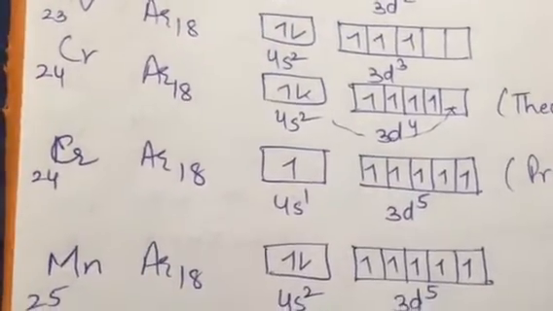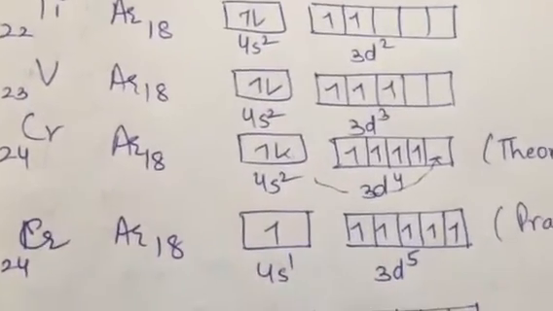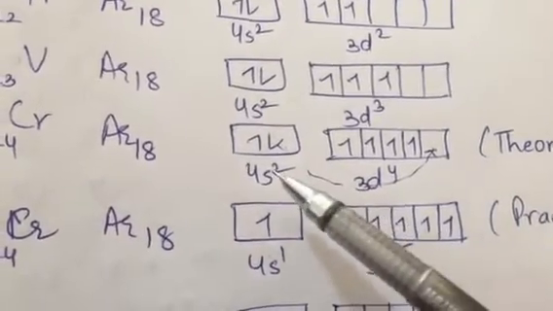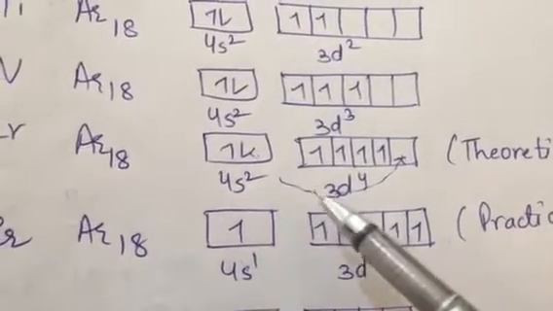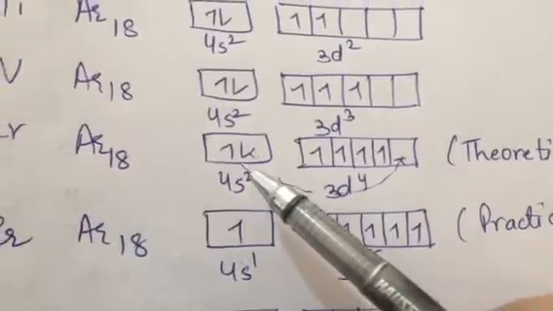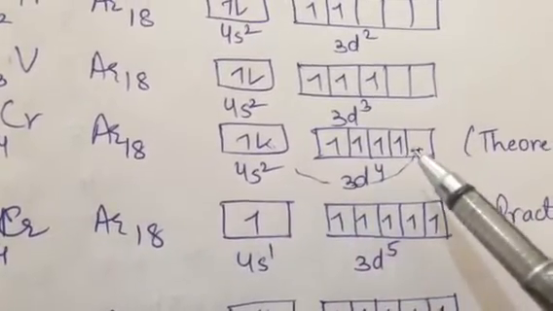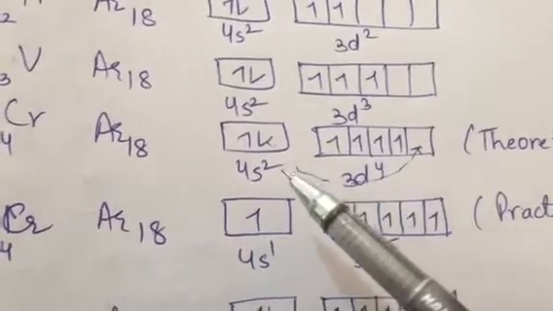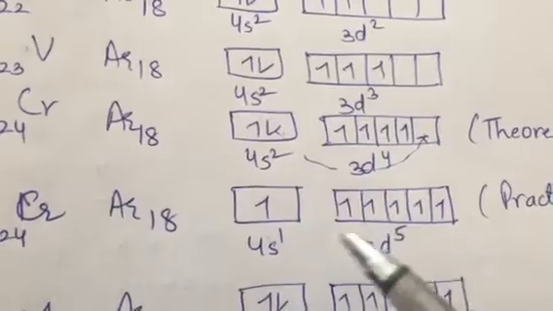Now I want to teach you the anomalous configuration of chromium. Kindly go through this configuration, which is its theoretical configuration. It's 4s2 3d4, but actually 1 electron would jump from the 4s orbital and go to the 3d orbital. This is done to have a stable 3d electronic configuration.